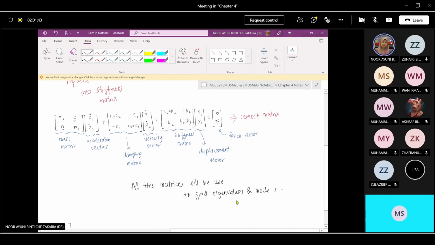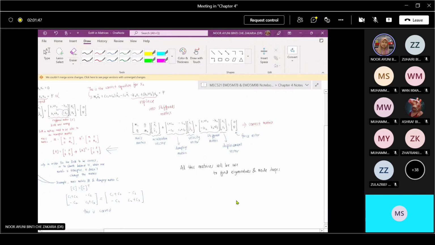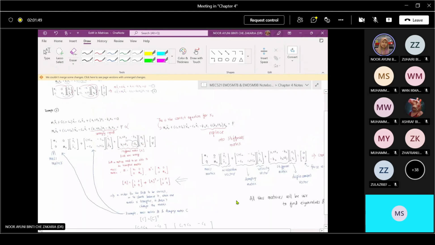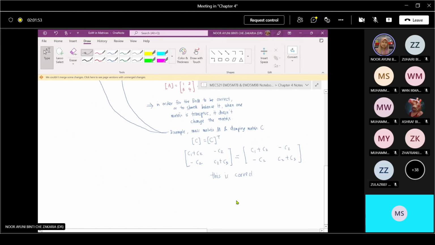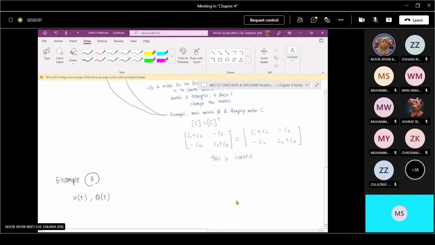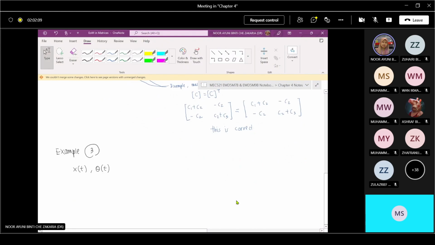Kita tengok eigenvalue and mode shape. So sebab saya salah tadi, just make sure you do for example 3. Buat sendiri pun tak apa, example 3. The one with x and theta tadi. Complete your own note, build into the matrices, equation of motion in matrices.